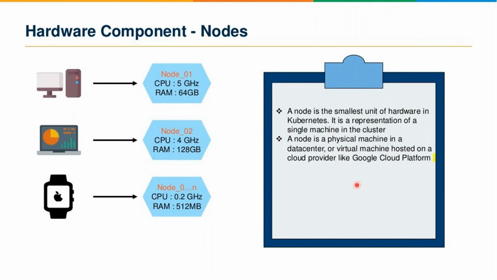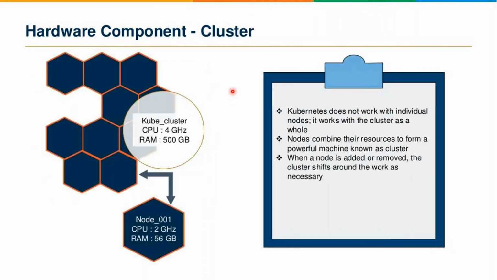It is a representation of a single machine in the cluster. A node is a machine, a server. A node is a physical machine in a data center or a virtual machine hosted on a cloud provider like Google Cloud Platform, AWS, or Azure. These are the node configurations.